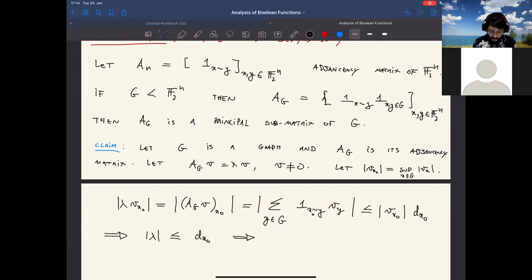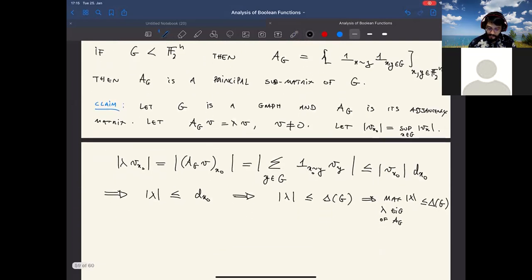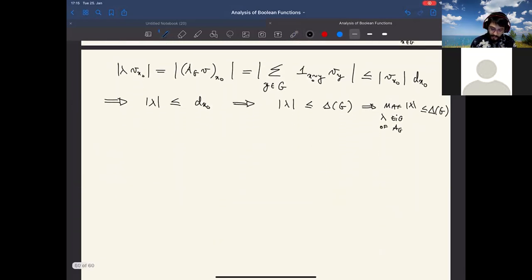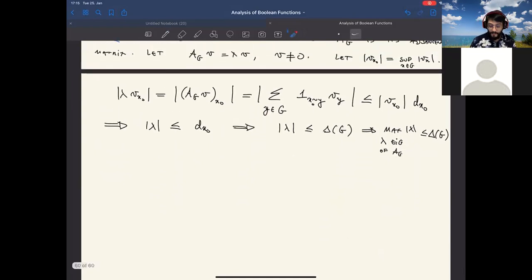And so you conclude the modulus of lambda is less or equal than d of G. And so you conclude that the maximum of the moduli of the eigenvalues bounds from below the degree of the graph. Okay, that is what we did here.